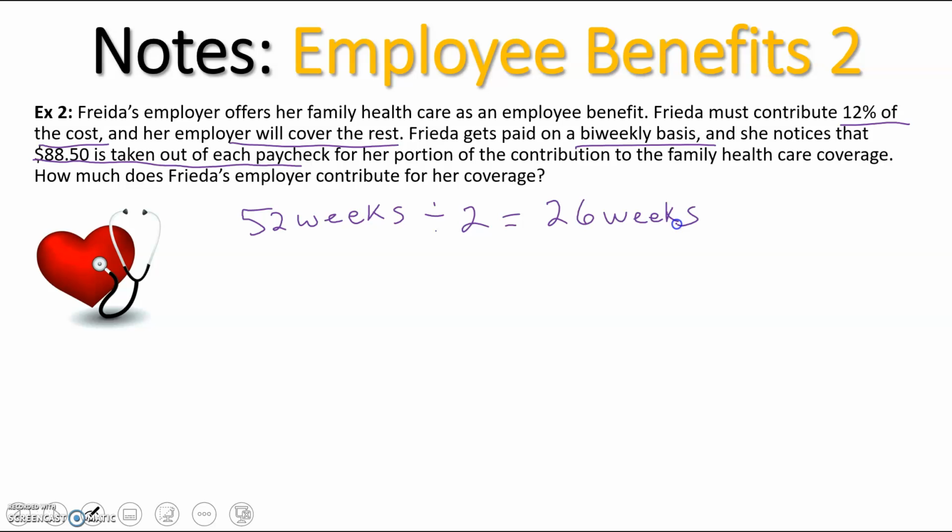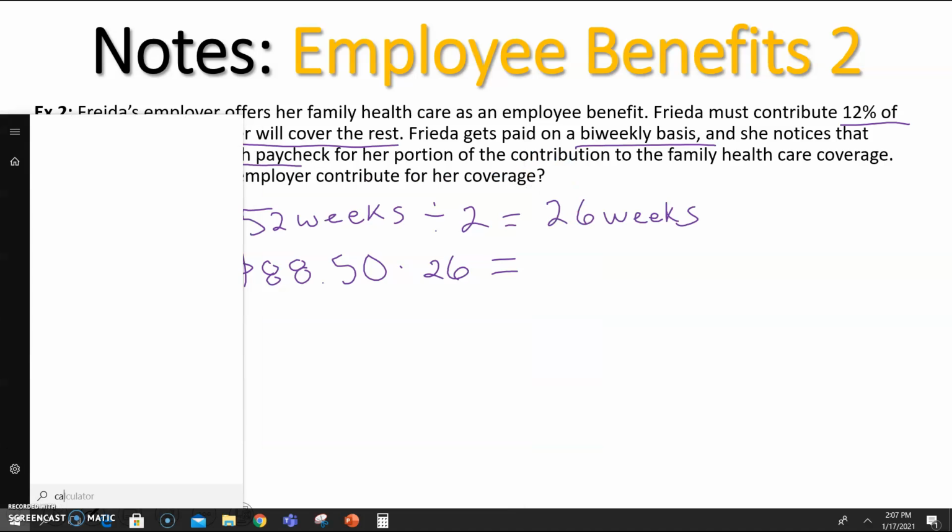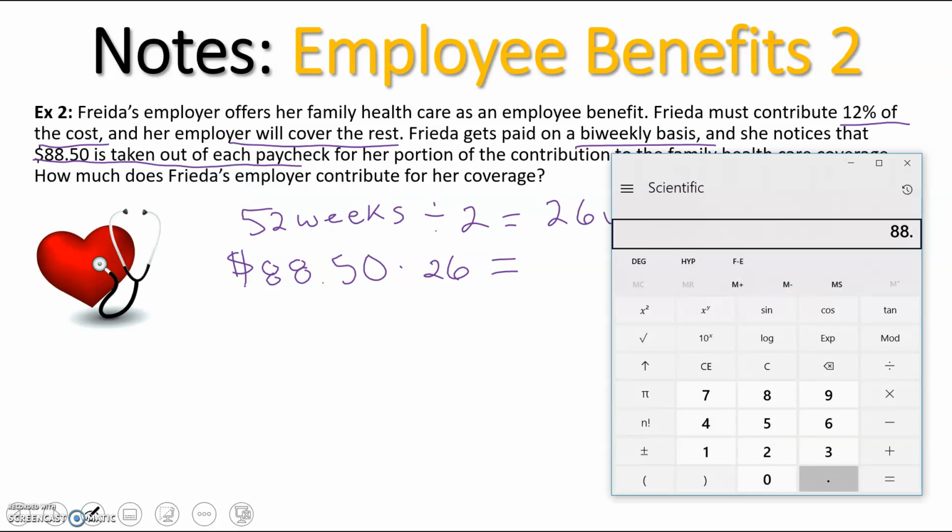So that means Frida will be paying $88.50 that number of times. So $88.50 times the 26 paychecks. Using our calculator, 88.50 times 26.